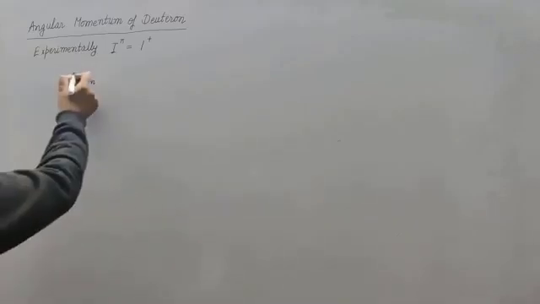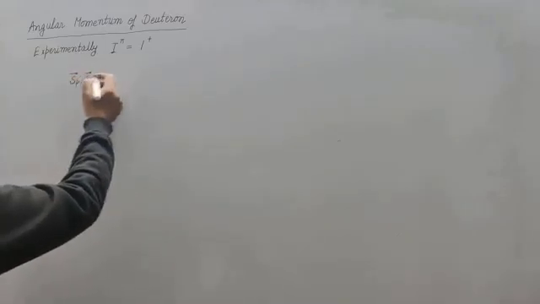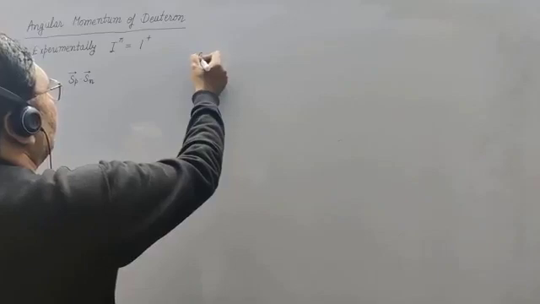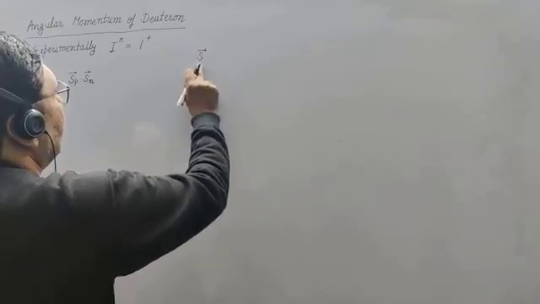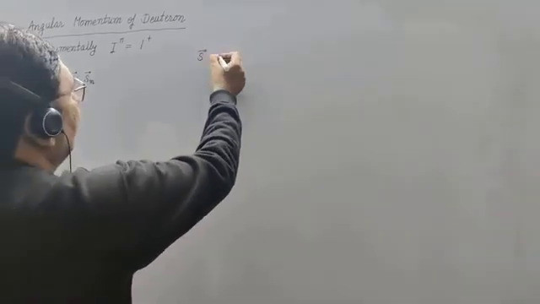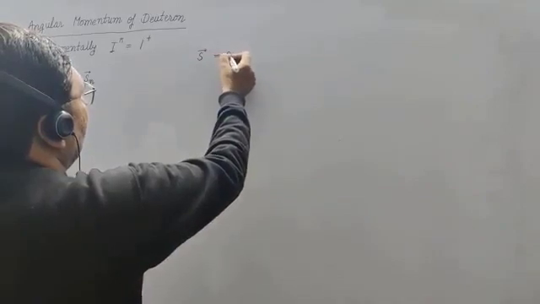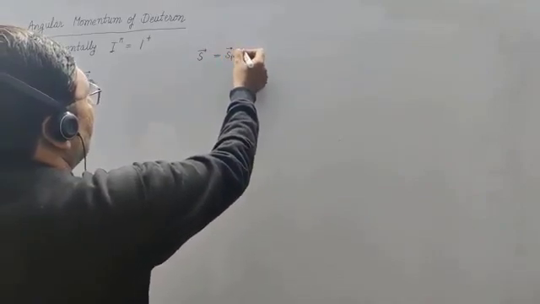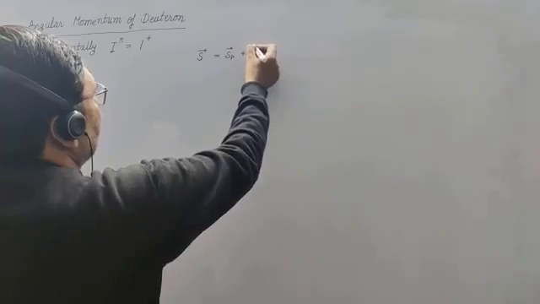We can find this value very easily, because for the deuteron, the spin angular momentum vector will be sp plus sn.